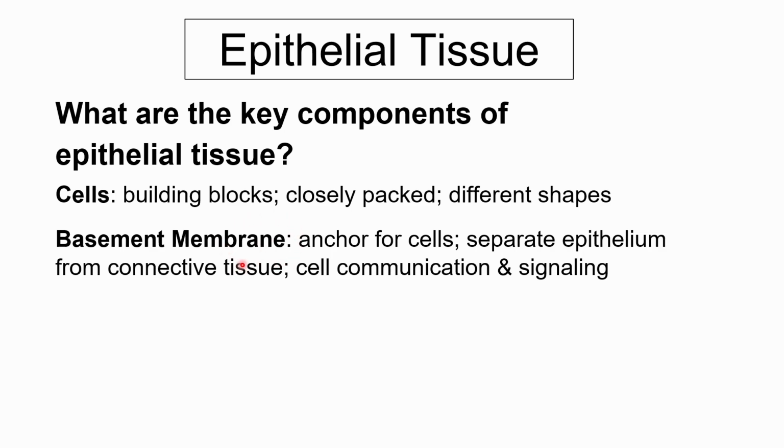Only your epithelial tissue has a basement membrane because the cells of your epithelial tissue are very closely packed, and since they are closely packed, they also need an anchor, a basement membrane, or a mat or a sheet wherein they could anchor themselves, okay?